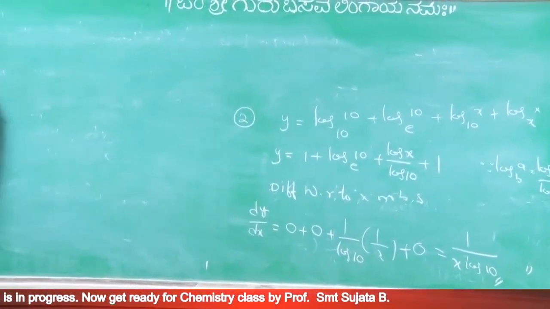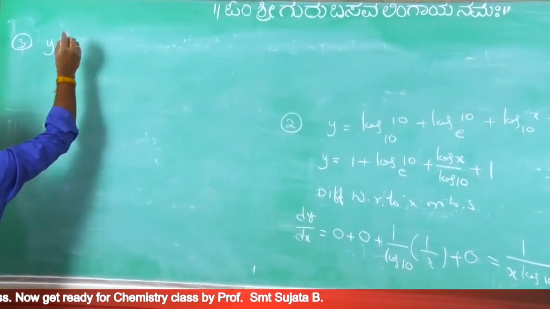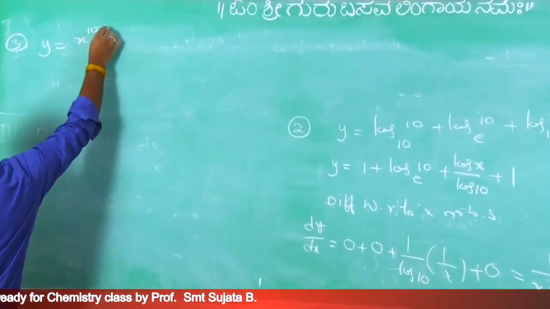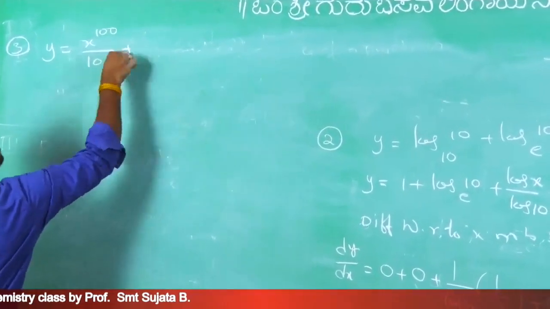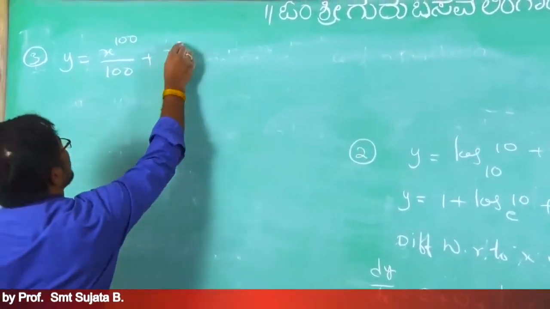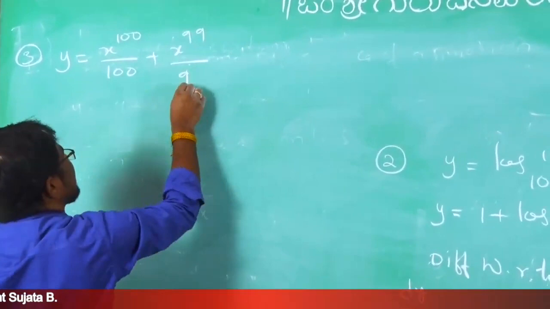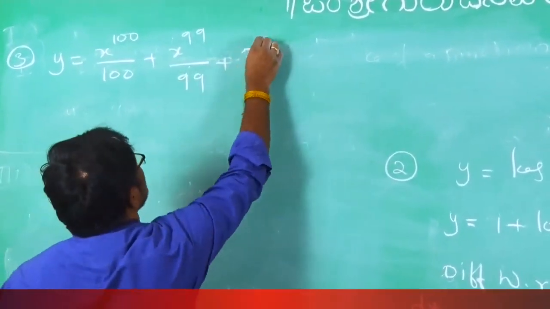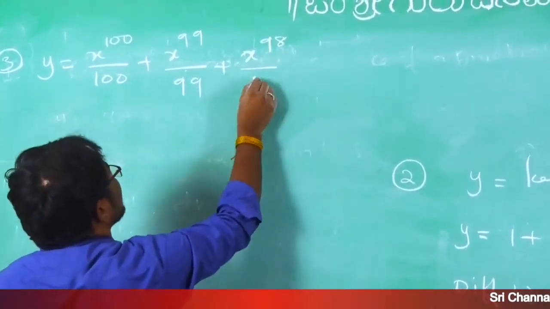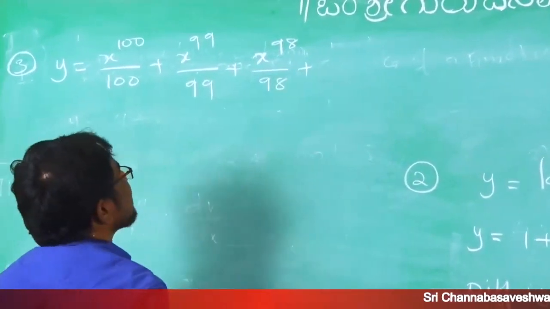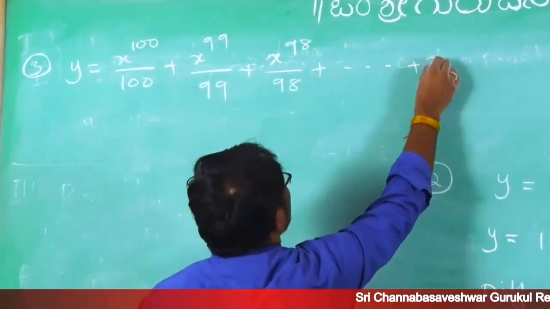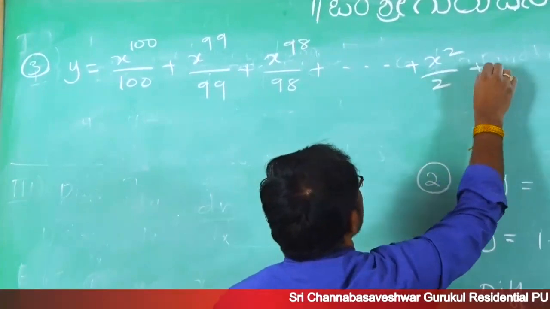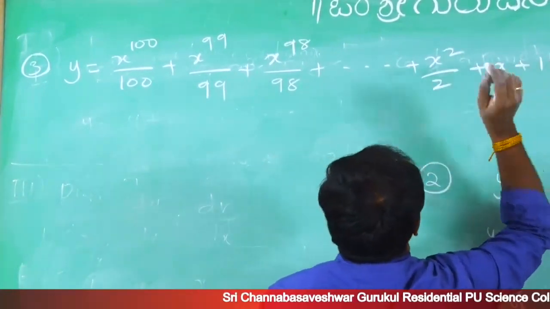And third one is, suppose they given like this, y equal to x to the power of 100 by 100 plus x to the power of 99 by 99 plus x to the power of 98 by 98 plus etc., x square by 2 plus x plus 1.